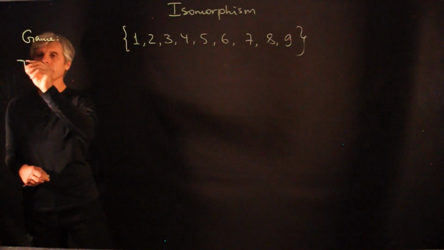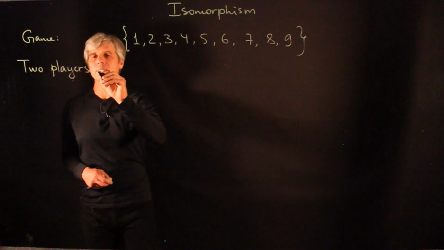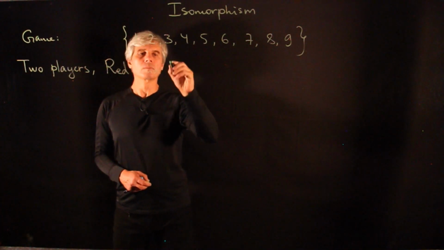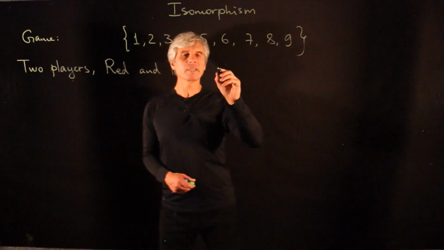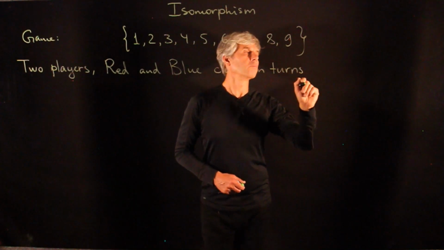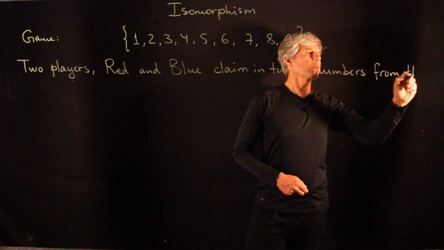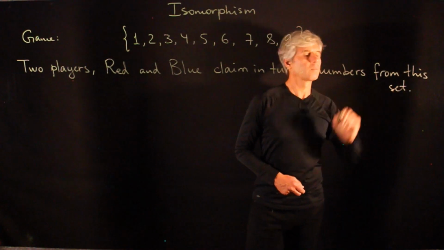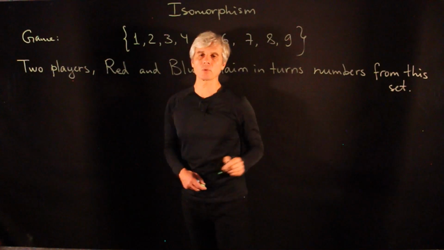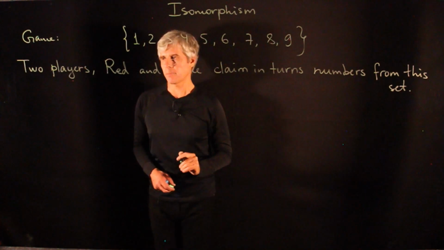Two players, say red and blue, claim numbers in turns from this set. And once a number is claimed, it goes into the sack of the player who claimed it, and it's removed from this set.